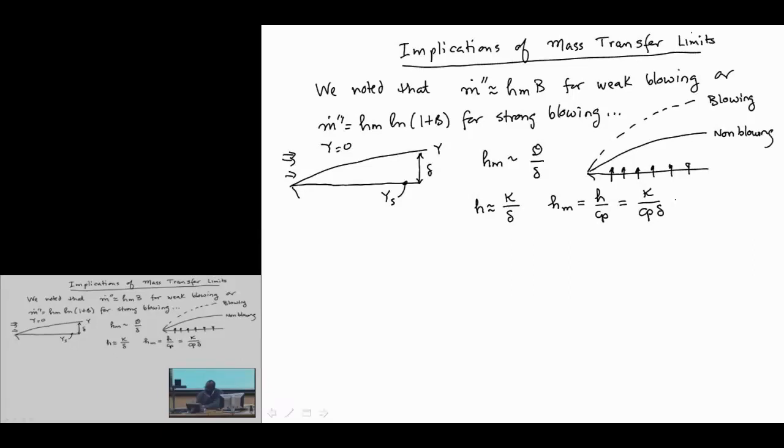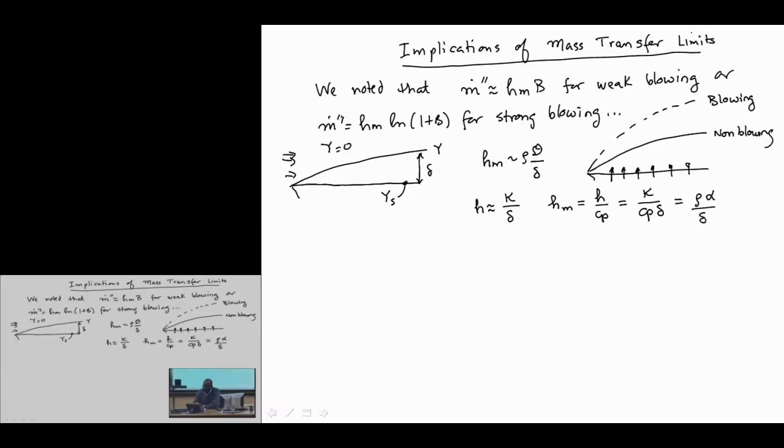Okay, so what am I missing here? This is rho alpha over delta. Okay, so I was missing a rho here.